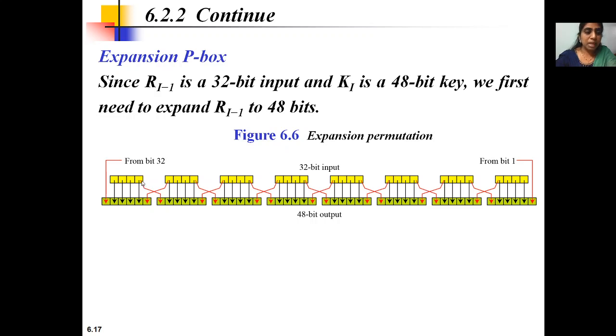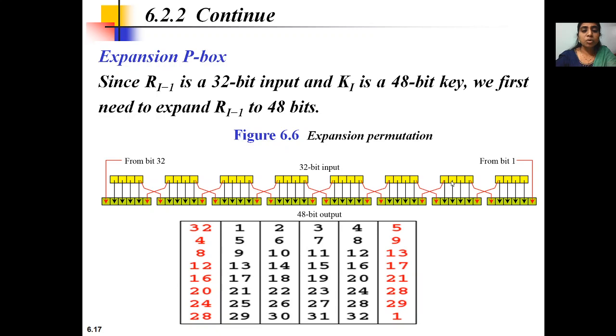That is, the last bit values are again taken as the first bits. So like this we are going to change. You can see here the first 32 bits remain in the same manner, but here you are going to add 8 bits in the first and 8 bits in the second.